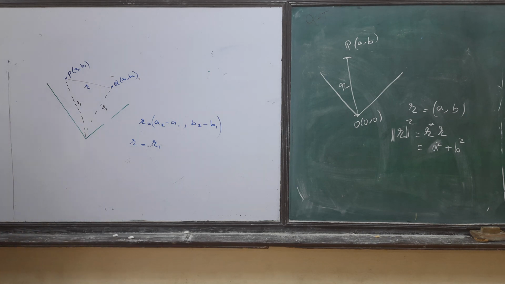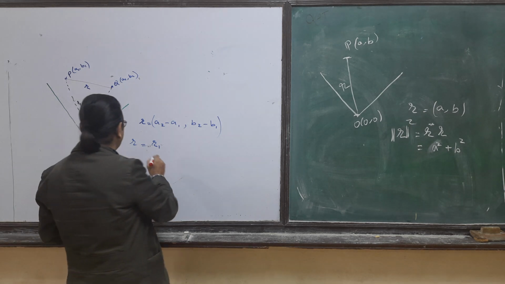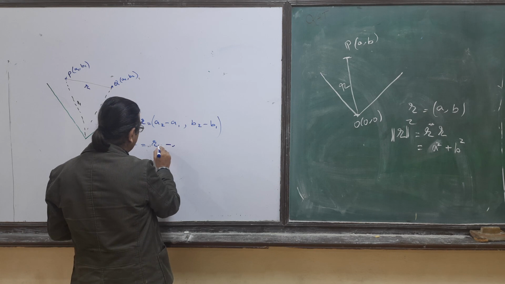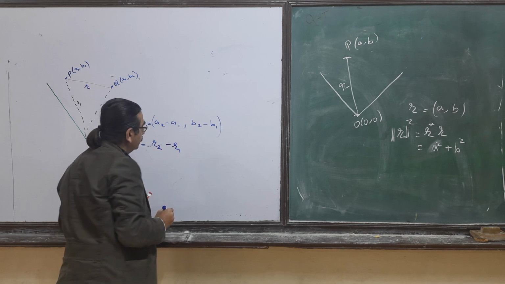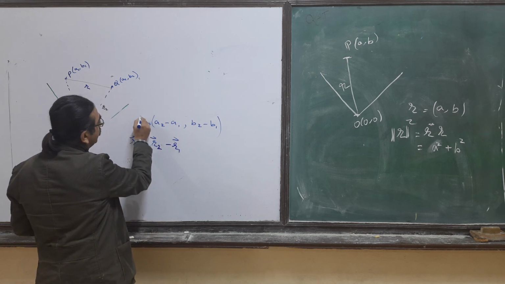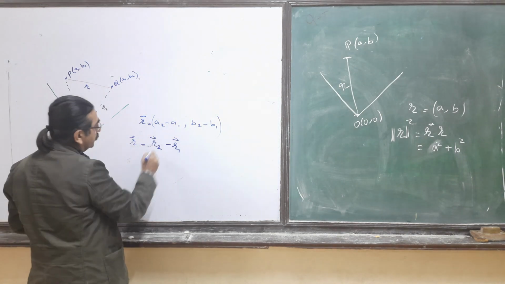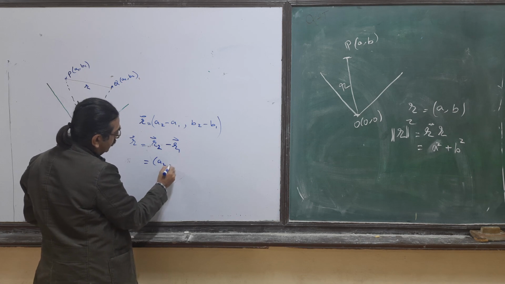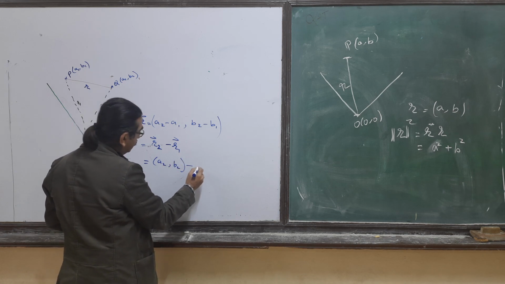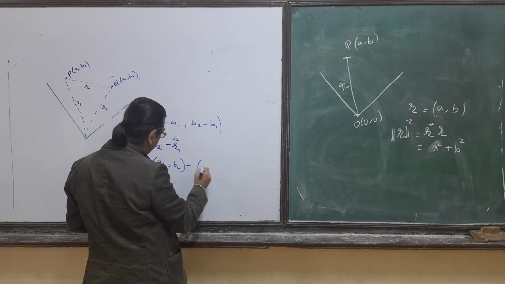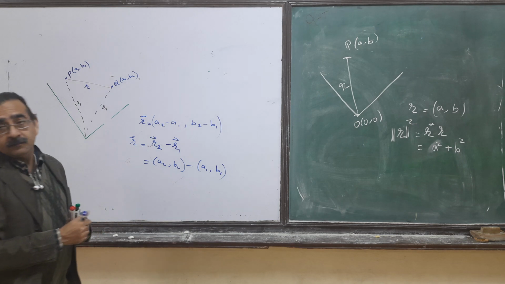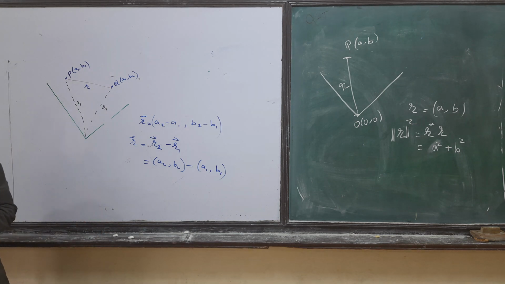This will be R2 minus R1. This R will be, and so this will give you A2 B2 minus A1 B1. And we know the law of addition.